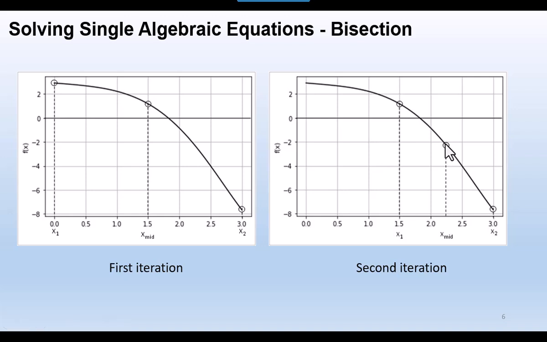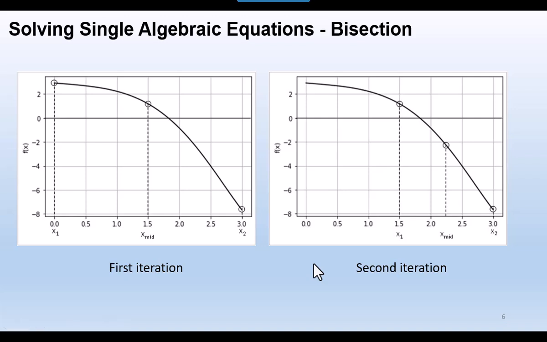And this one, you can tell, f of x is negative, so for the next iteration, we're going to take the midpoint between these two, and it's going to start getting fairly close to the solution.